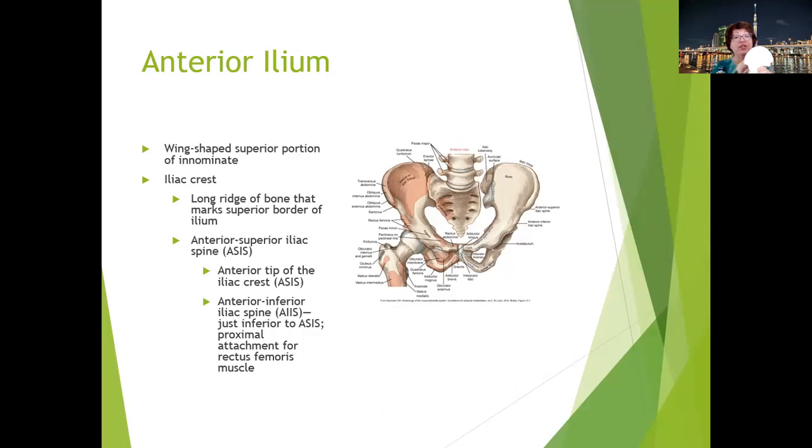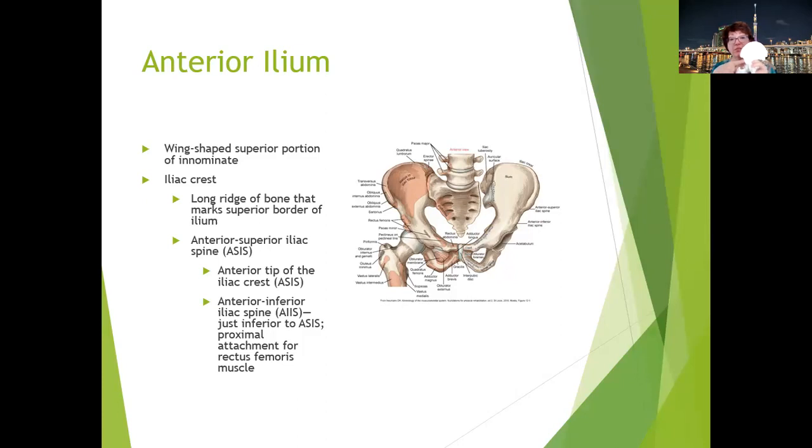So the anterior end of the iliac crest is the anterior superior iliac spine, and it's abbreviated ASIS. It's the anterior tip of that iliac crest. Just inferior to that is the anterior inferior iliac spine, the AIIS.